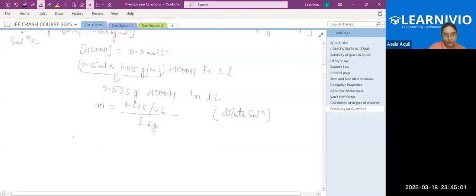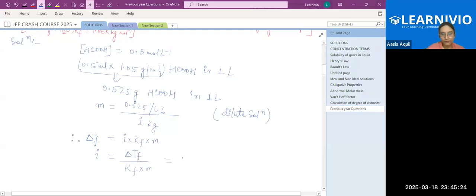Now we know that delta TF is equal to i Kf into m, right? So from here you can calculate i, which is delta TF upon Kf into m, right? Now substitute the values.